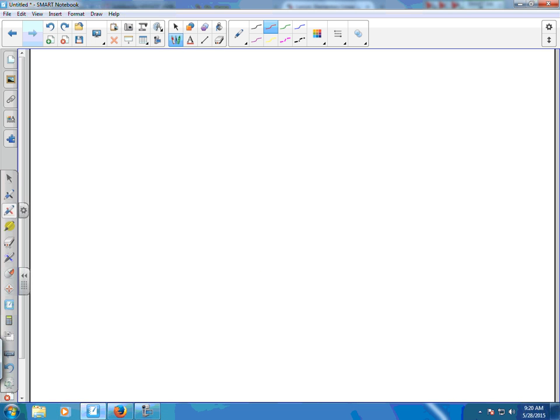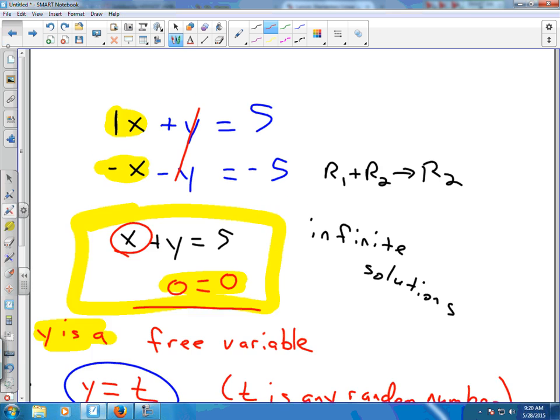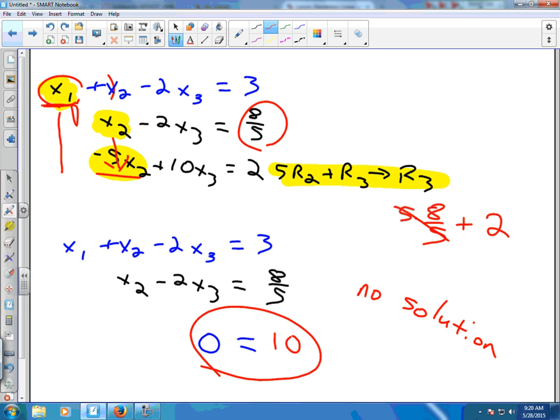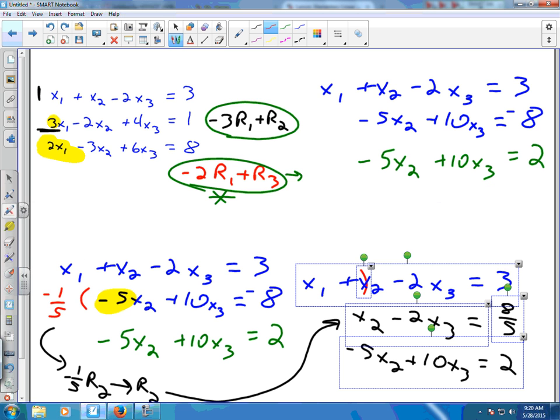Now in the second section, we're basically doing the same thing, except we're going to try to make it look a little prettier. Notice with all these x of 1's, x of 2's, x of 3's, after a while that almost looks like a jumbled mess.